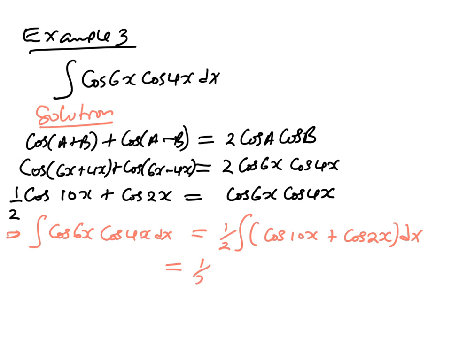So this is a half of sine 10x over 10 plus sine 2x over 2, then plus a constant of integration, and you are done. So the trick or the magic lies in recognizing the factor formula, what gives me what product is what I need. Maybe one or two examples and we call it a day.